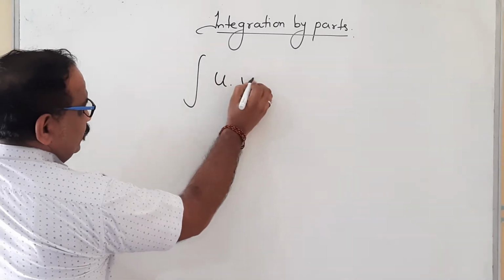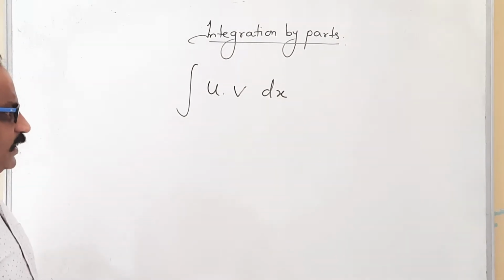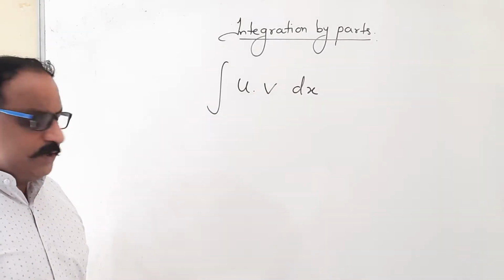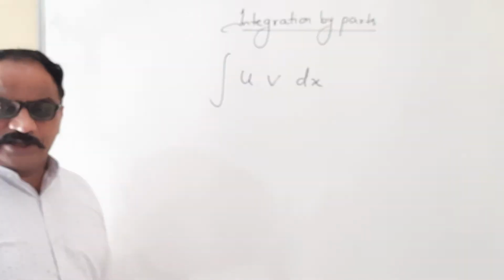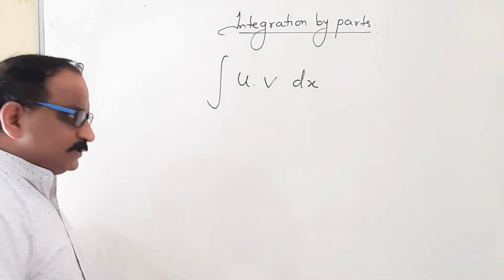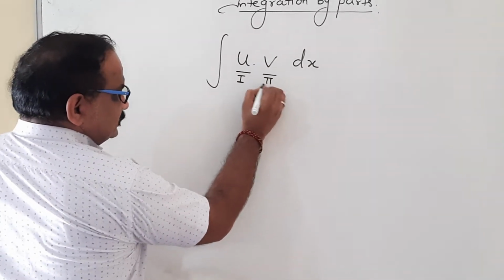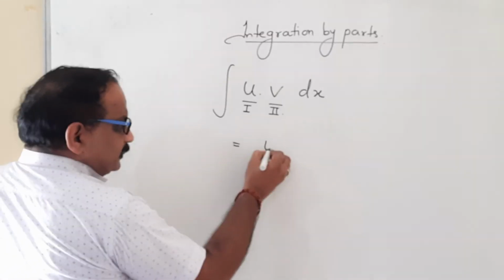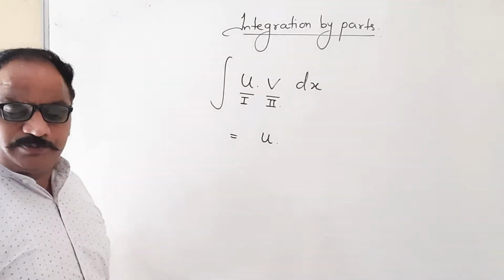Say it is u into v, they are two functions of x, and we have to integrate them. For integration of them, we have to choose any one of them as first, and any one of them as second, and there is a rule for that. So we have to find out which is first and which is second. Then the integration by parts method says: drop the first function, whatever the first function we have, that function should be kept as such.